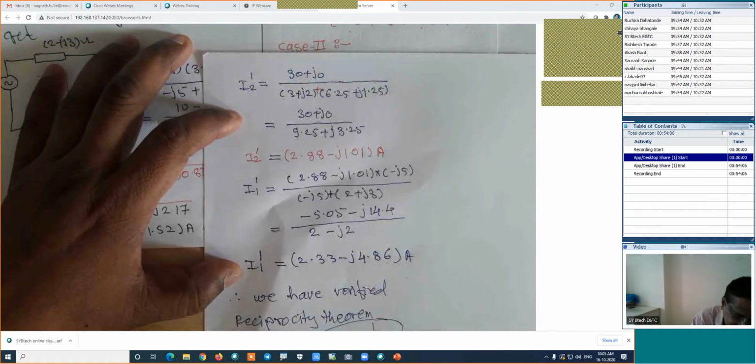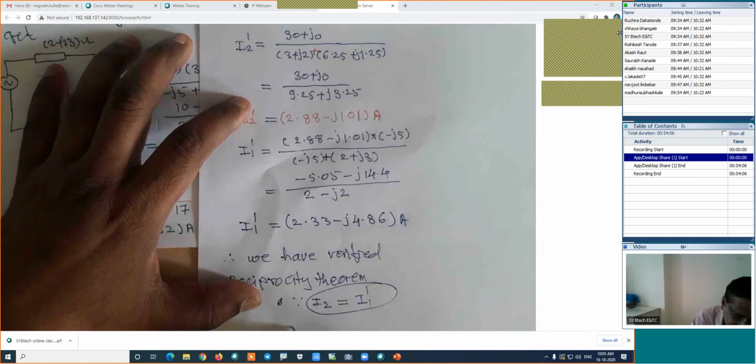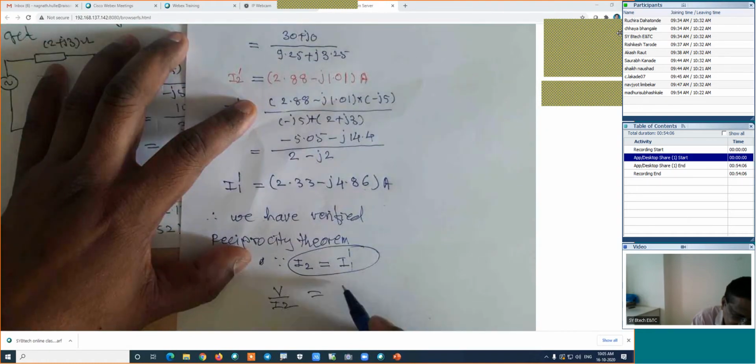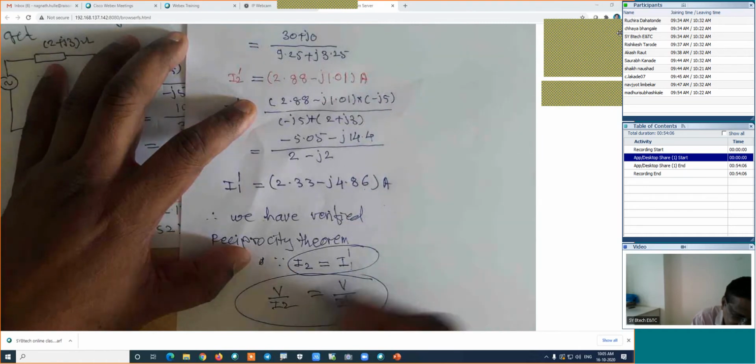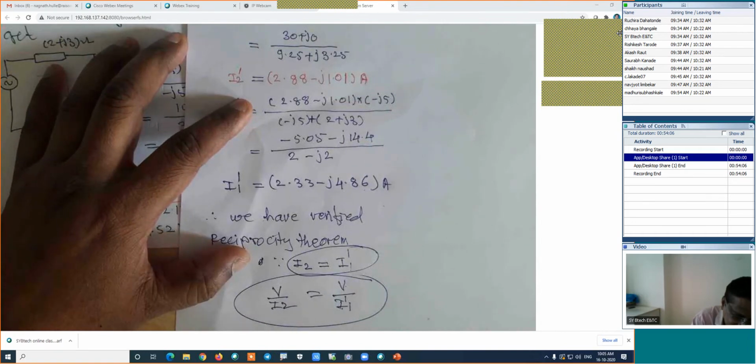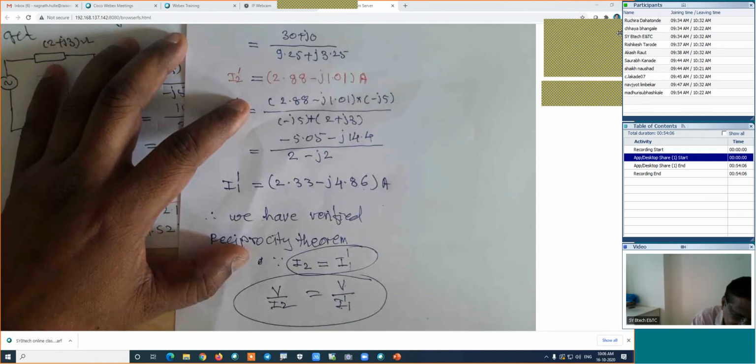Actually, we are interested to show the ratio. If we are finding V divided by I2, this ratio should be the same as V divided by I1 dash. This ratio should be the same for the verification. If I2 is the same, I1 dash is the same, and V is the same, its ratio will come as the same. That's why we have verified this particular theorem, which is nothing but the reciprocity theorem.